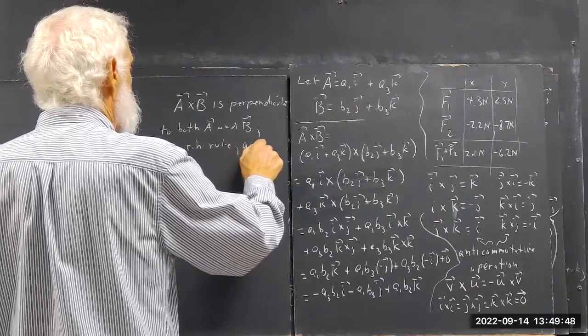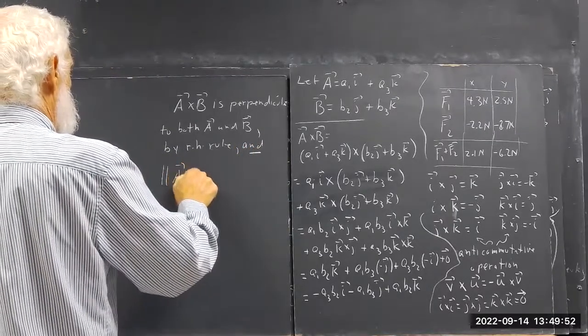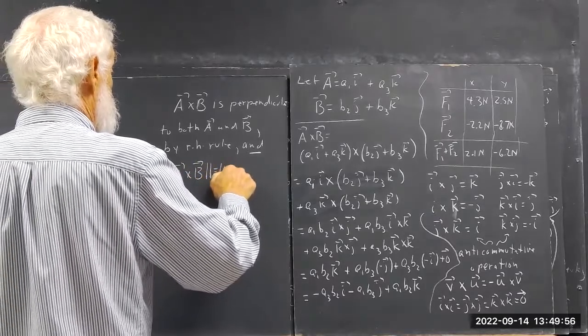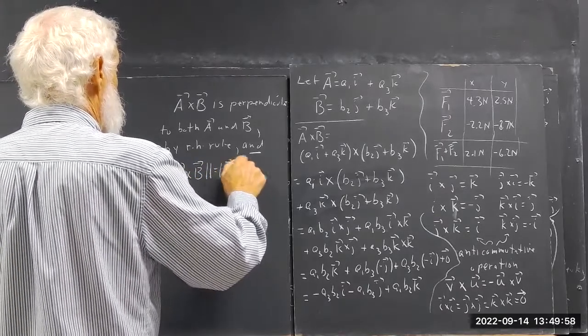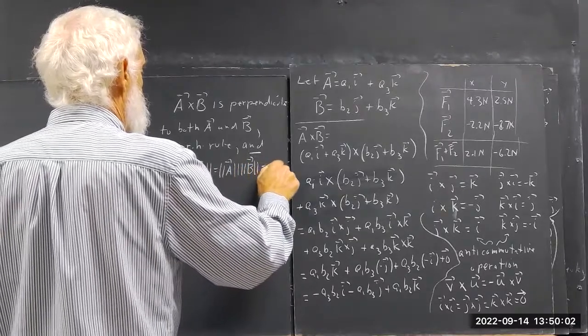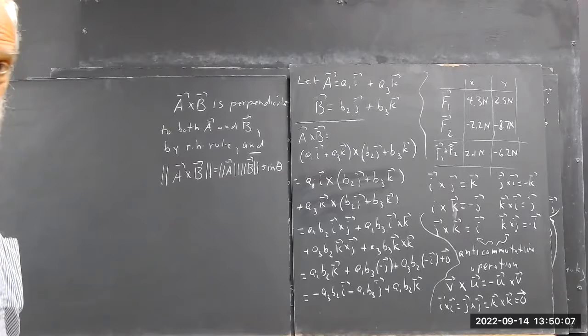And the magnitude of A cross B is the magnitude of A times the magnitude of B times the sine of the angle between them.